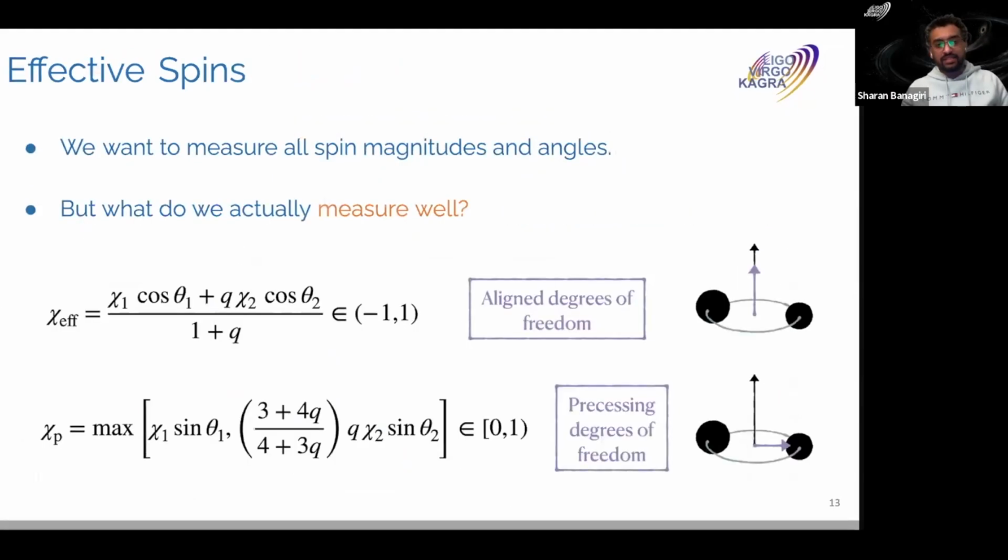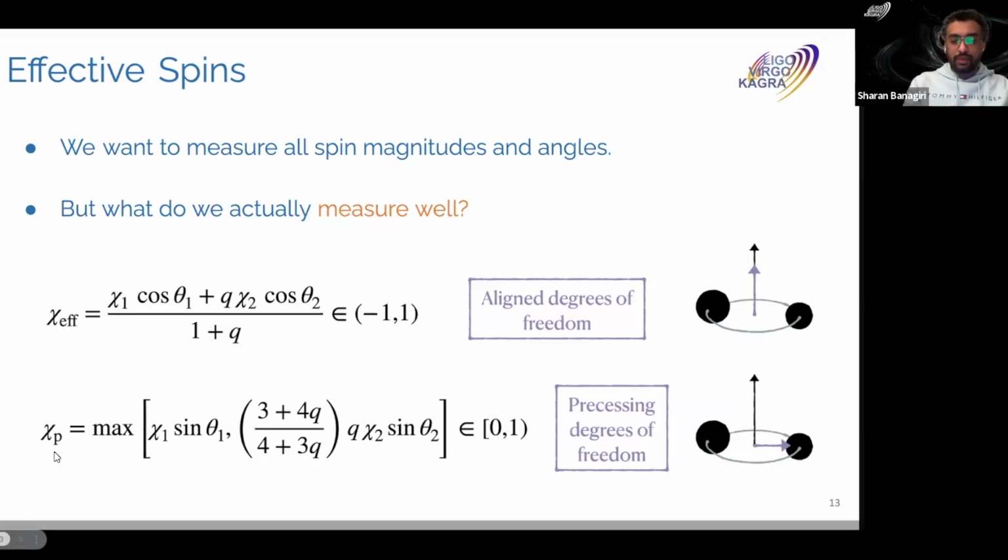Another way to look at spins is to look at effective spins. There are two effective degrees of spin. There is the effective inspiral spin, that's chi effective, and this captures the degree of spinniness that is perpendicular to the plane of the binary, so along the direction of the orbital angular momentum.